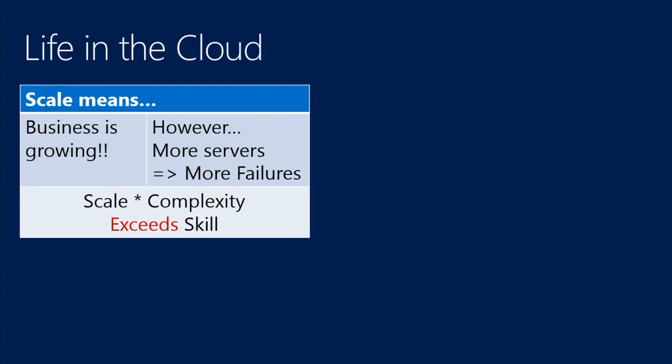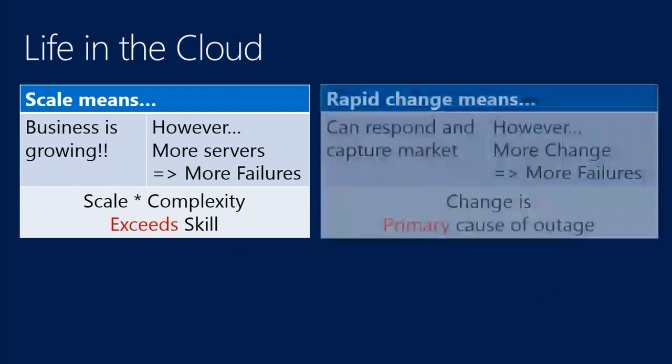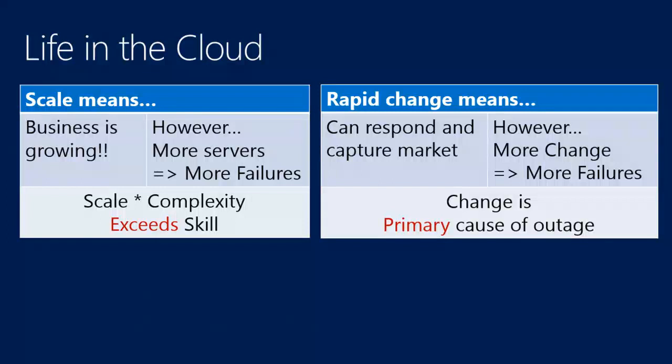So that's one aspect. The other aspect is people want to reach the market faster. They want to capture the market faster. And what does that mean? That means you are churning the code faster. You are making a lot of commits, a lot of change on a daily basis. And again, that's another point which can cause failures.